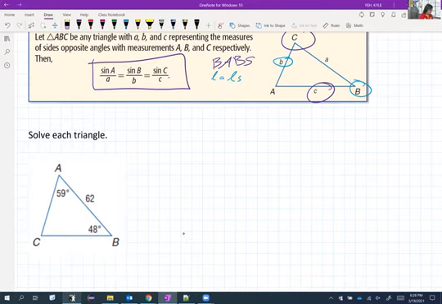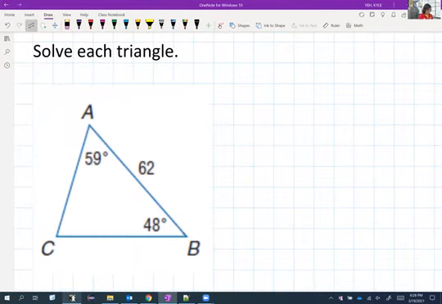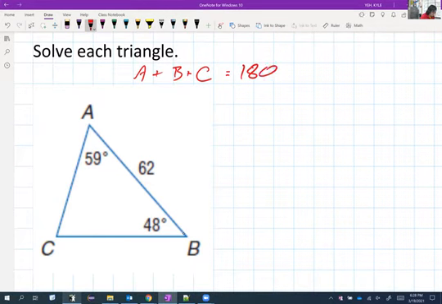So right now I have angle A, but I don't know side length. I have angle B, I don't know side length. I don't have angle C, I do know the side length. And what I'm hoping you realize is we can find angle C, because we know that A plus B plus C have to add up to 180.